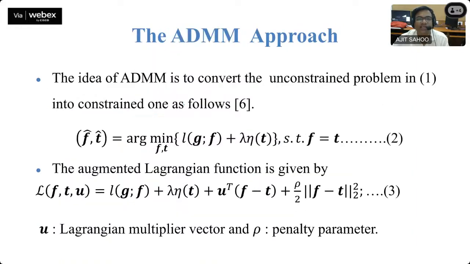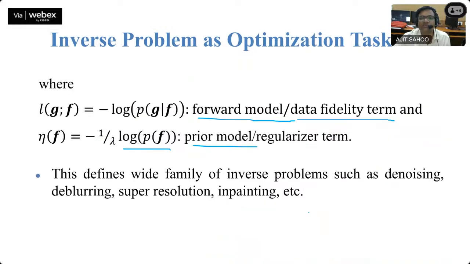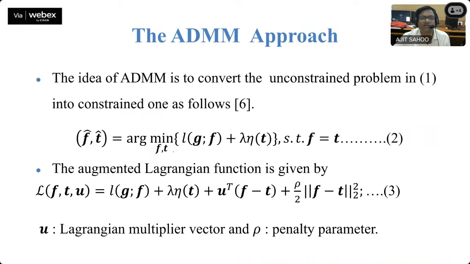Now how to apply ADMM to that? You see it is of the form LGF plus lambda times eta of f. So now what to do? arg min LGF such that f is equal to t. Now you see this problem in terms of ADMM, like what I explained earlier.